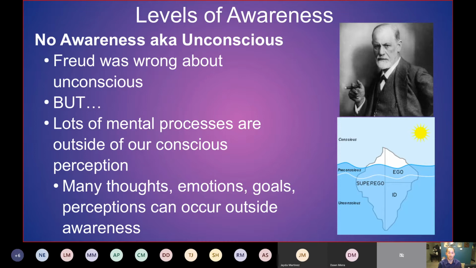But with that, there are a lot of mental processes that are outside of our conscious awareness. So a lot of our thoughts, a lot of our emotions, a lot of our goals and perceptions can be outside of our conscious awareness. And when we look at brain scans, we can see that those same areas that are active when people are actively thinking about their goals are sometimes still active when doing some related task or even a slightly unrelated task. So their goals are still being processed neurologically.